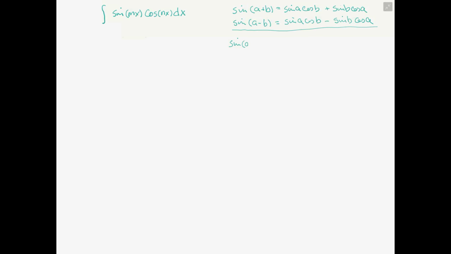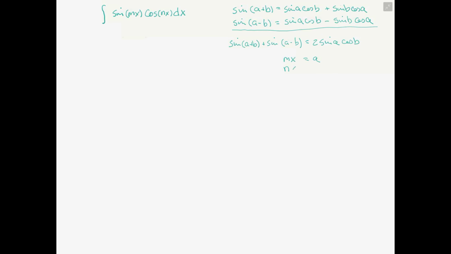And if we add those together, we have sine of a plus b plus sine of a minus b equals 2 sine a cos b.